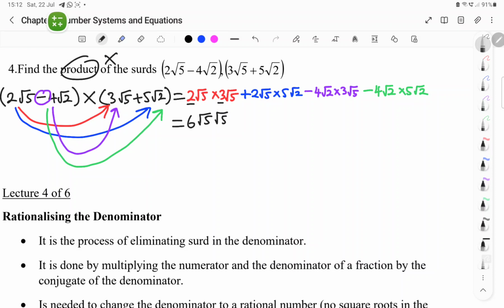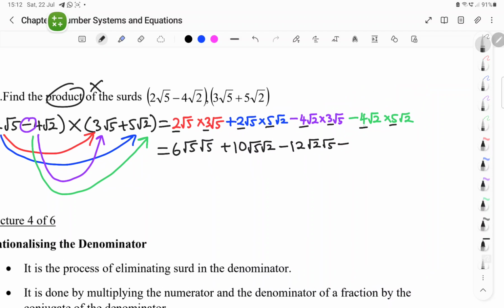This one can be solved right away, but I don't want to do it first. I want to do it one by one. And then 2, 5 is 10, multiply. And then square root of 5, square root of 2. This one minus 4, 3 is 12. Square root of 2, square root of 5. And then minus 4 multiply by 5, it's 20, minus 20. Square root of 2, square root of 2.